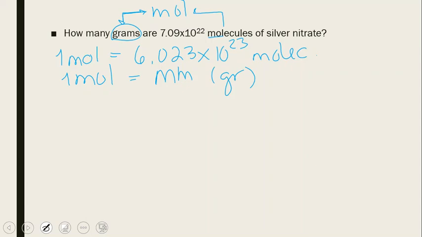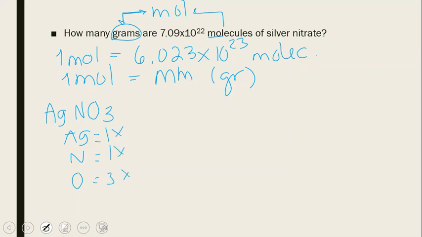Silver nitrate. Remember, silver has oxidation number of 1, nitrate -1, so this is the formula. Separate the elements, silver, nitrogen, and oxygen. 1 atom of silver, 1 for nitrogen, 3 for oxygen. Silver is 108.